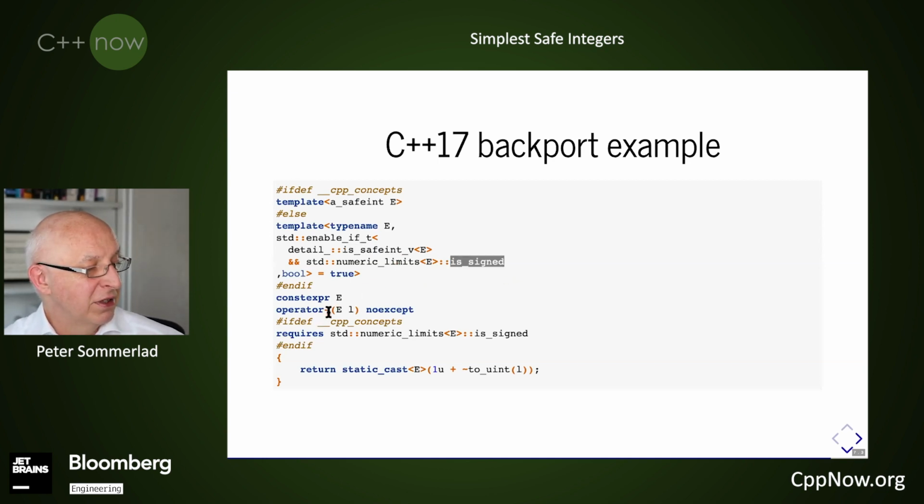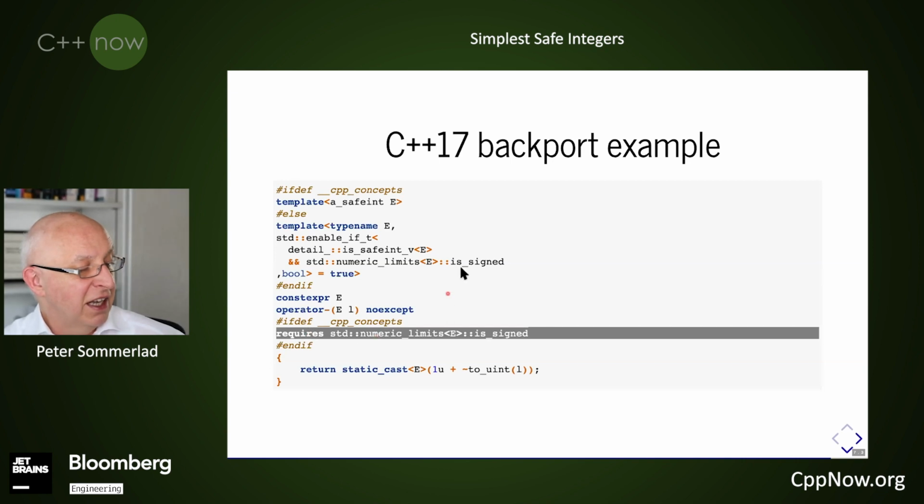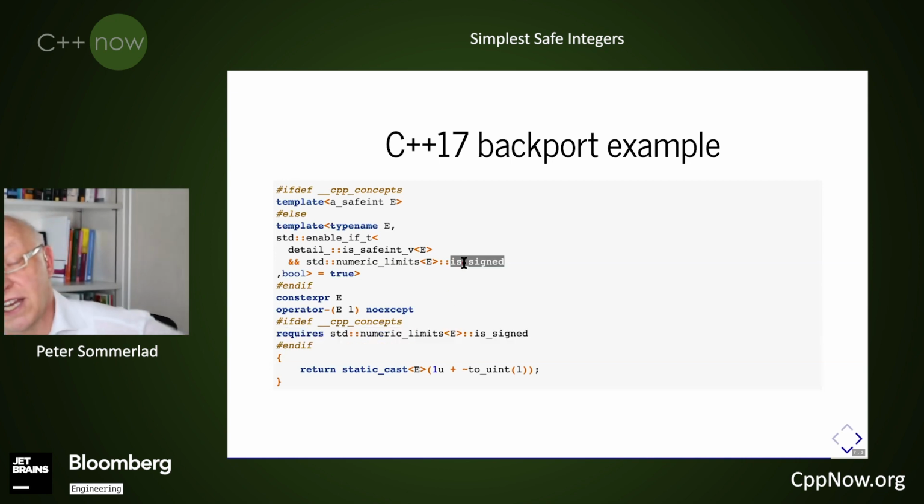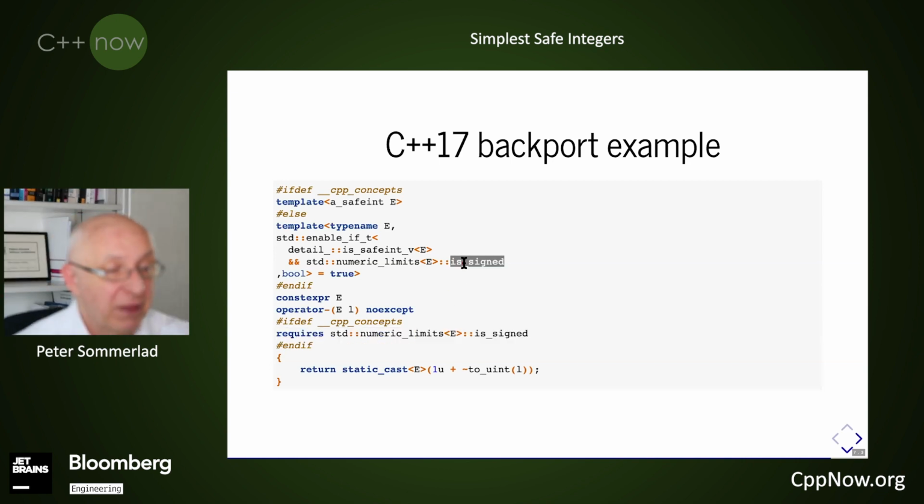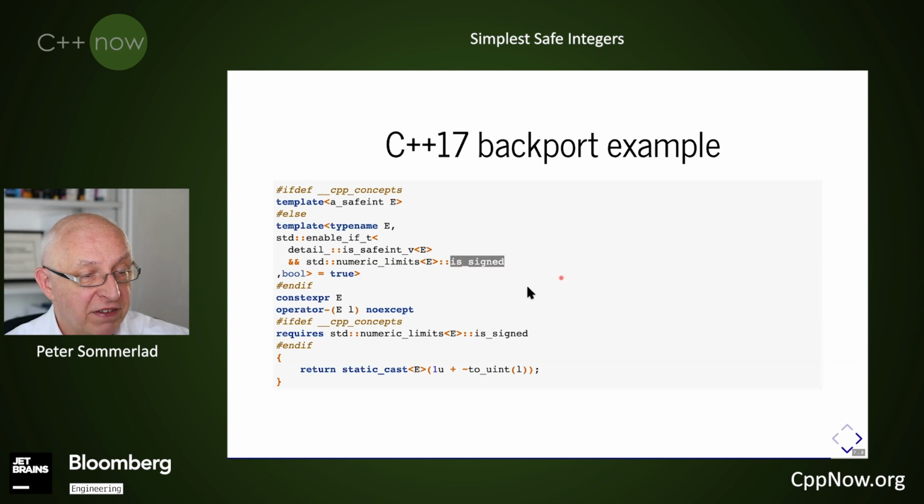And then we do the operator minus, and the signed was constrained with the requires clause here, and that translates to the enable_if up there in the template parameter. The rest, the actual implementation, remains the same, but it's really, really ugly. For those who want to know what this means, that's how two's complement is defined. You take the one's complement and then add 1, and that's how two's complement is defined.